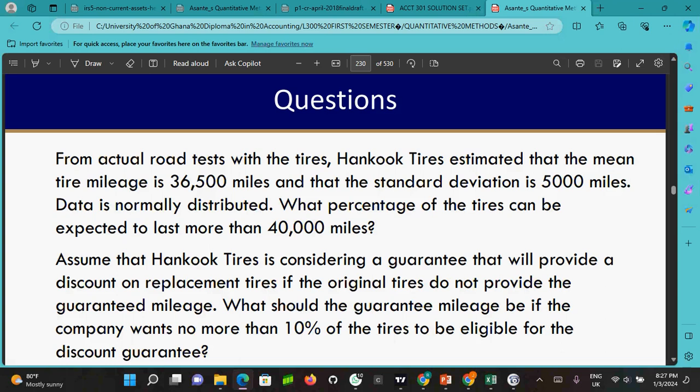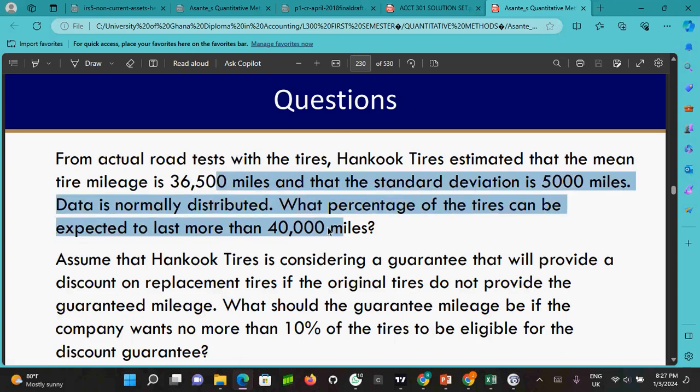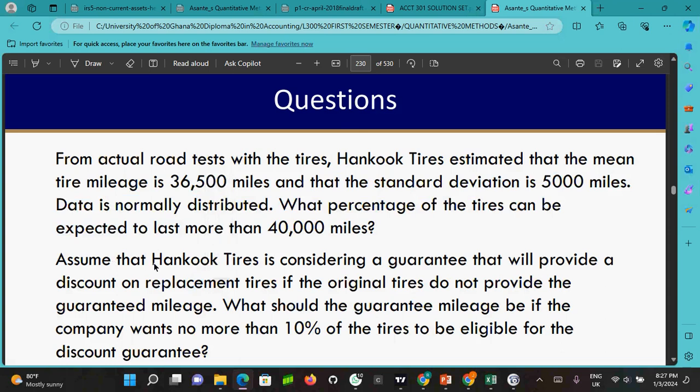For the first part, what we will do is subtract 40,000 from this over this.